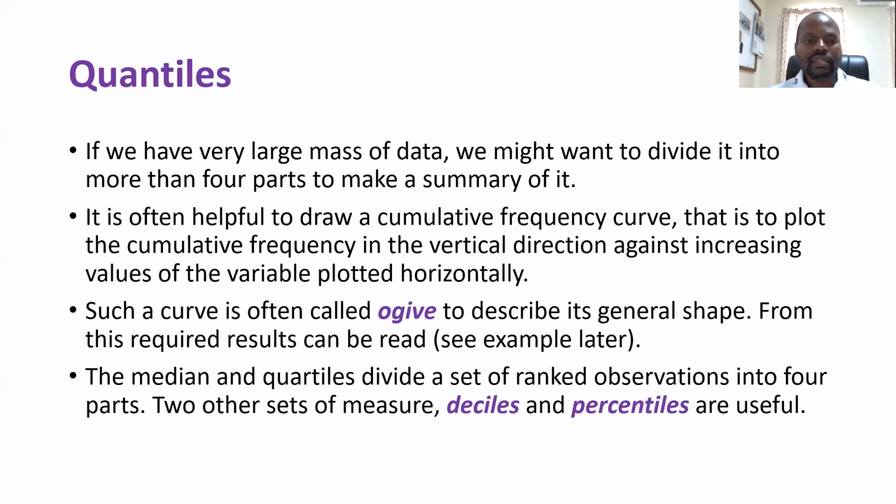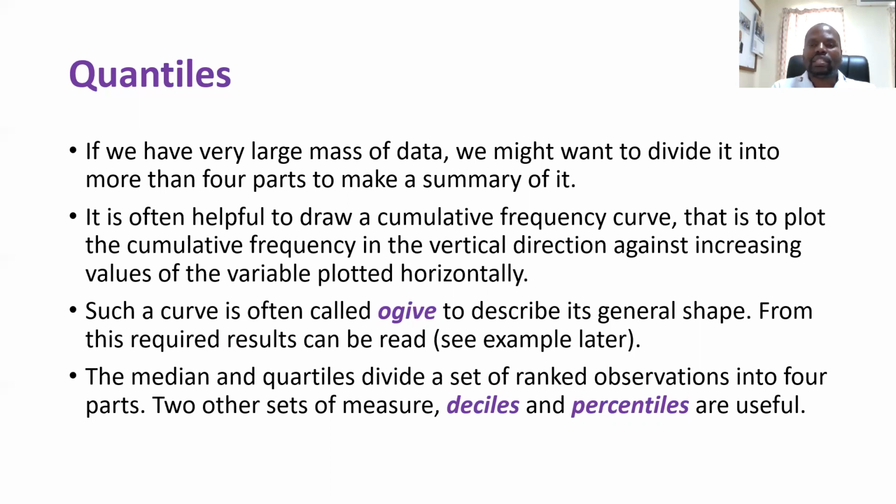So the median and the quartiles divide a set of ranked observations into parts. The median divides into 2 parts, the quartiles into 4 parts. And then the other sets of measures, we have the deciles and the percentiles.